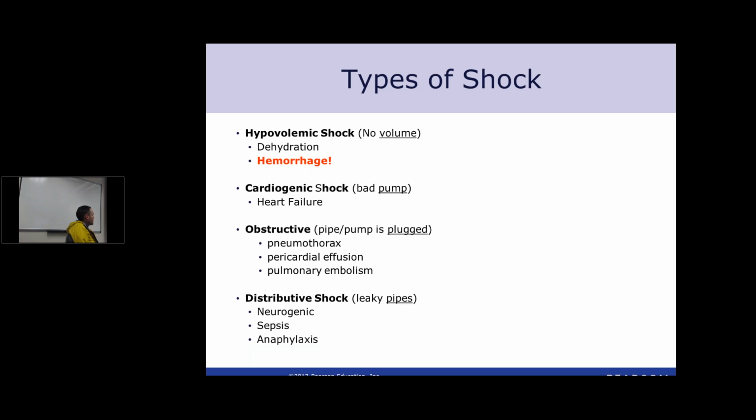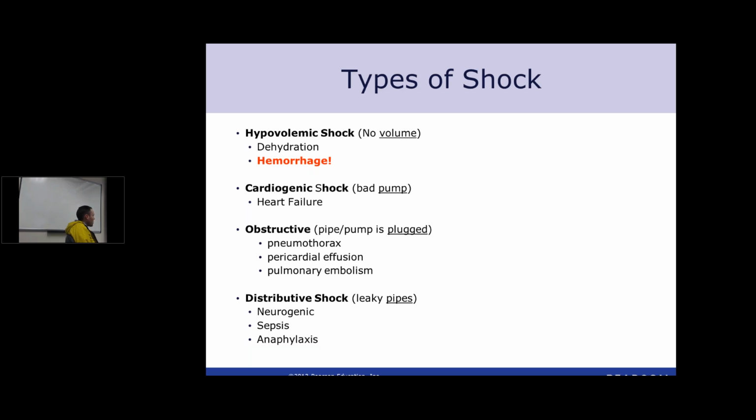So what's the difference between looking at a patient with neurogenic shock and looking at a patient with septic shock? So what does the patient look like in neurogenic shock? Are they hot and sweaty? Are they cold and clammy and pale?